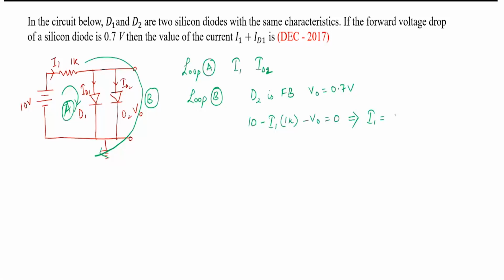So what is the value of I1? 10 minus 0.7 by 1K. This comes out to be 9.3 milliampere. Now, in the question, they have written that both diodes are of the same characteristic. That means you can take ID1 is equal to ID2.